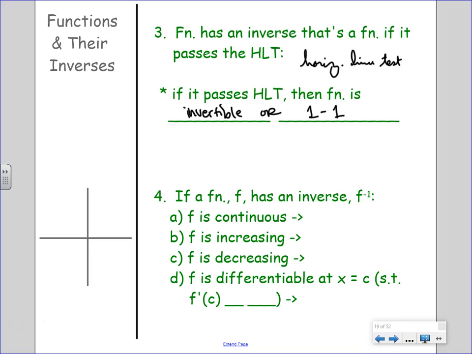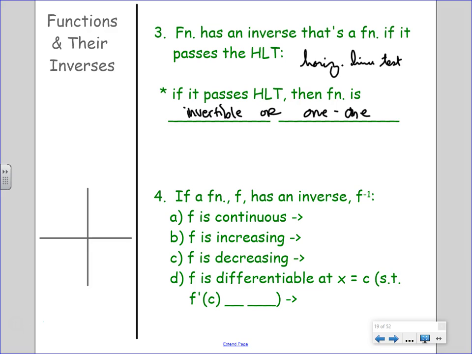Yeah, that was the thing last year. That's the shortcut notation.